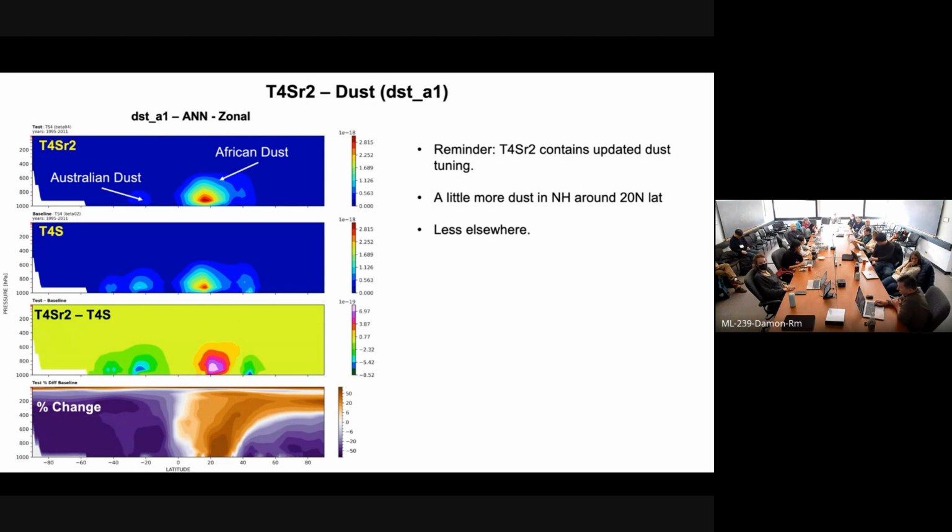I annotated there, at 20 north, that's primarily African dust, and then negative 20 south is a lot of Australian dust.